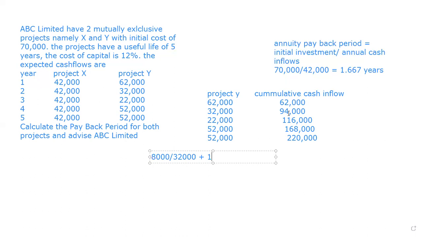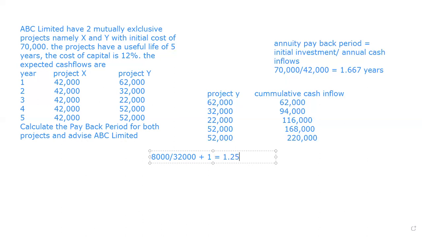Then we get the difference, for you to arrive at 70, and divide by the next year cash inflow. Remember, if I take 8,000 divided by 32,000, you get 0.25, plus 1, that will give you 1.25.